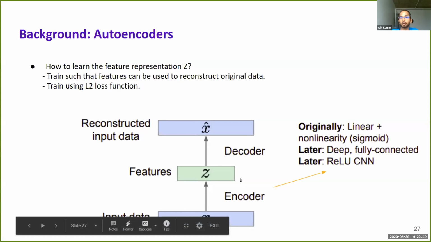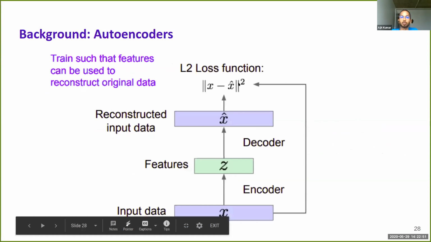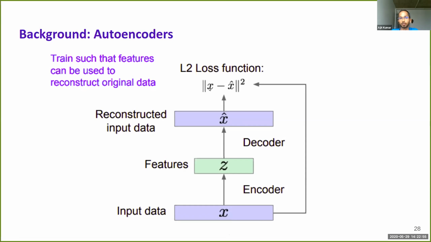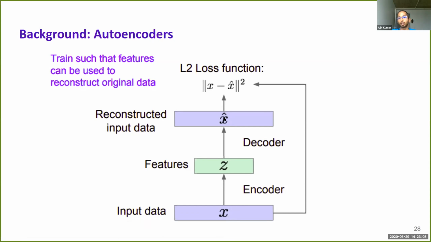And these encoders and decoders could be either fully connected networks or CNNs. And we train this using an L2 loss function. So let's say that in an optimal case, when the loss becomes 0, our X dash is exactly matching our input data. That means using these features, we are able to go back to the original distribution of the data that we had.